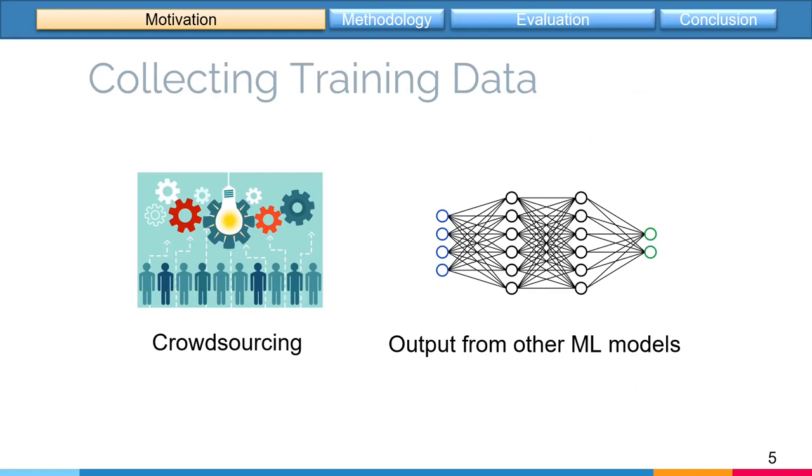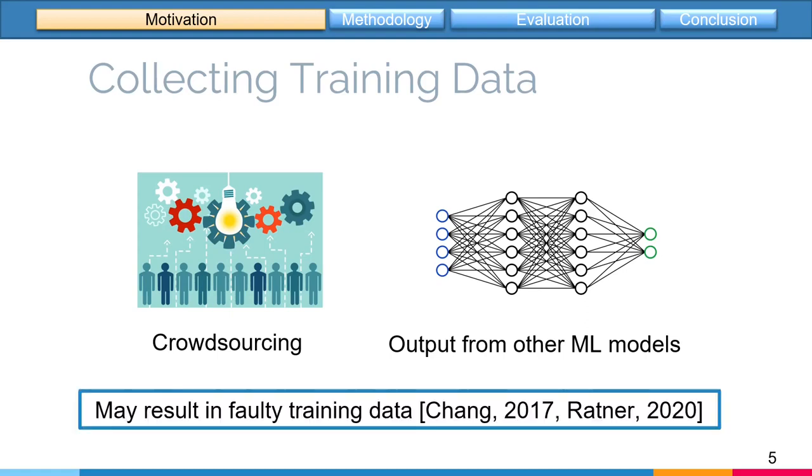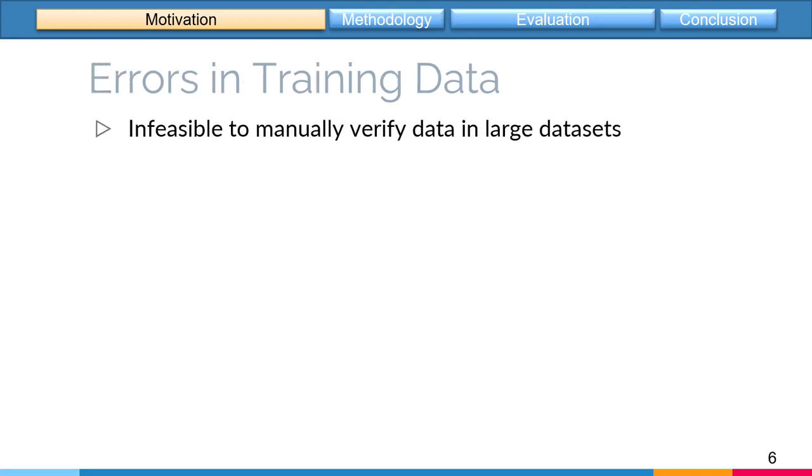Since large amounts of training data are required, ML developers often resort to crowdsourced data, or use other ML models to automatically generate labels for training data. However, these options are error-prone, and may result in lower quality data. It is also expensive and often impossible to manually verify all the training data in large datasets.